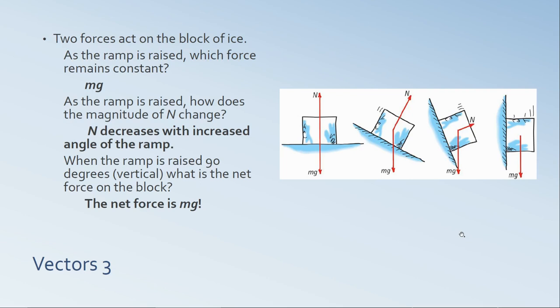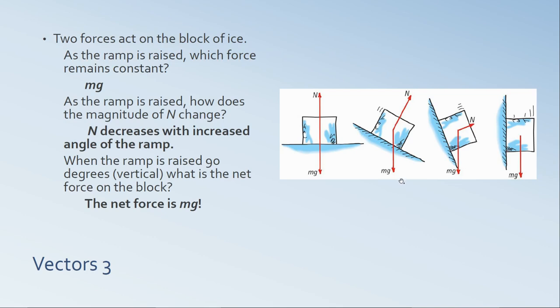And let's look at this happening with this block of ice. Okay. In the left picture, the block of ice is on a horizontal support force, so its normal force and its weight, the mg, are equal. Okay, as we start to raise the ramp, which force stays constant?